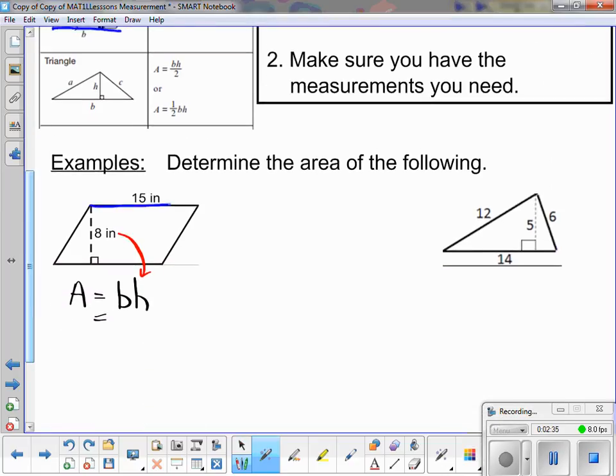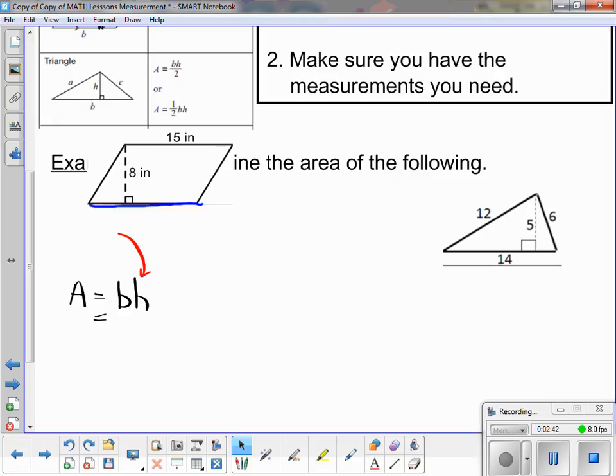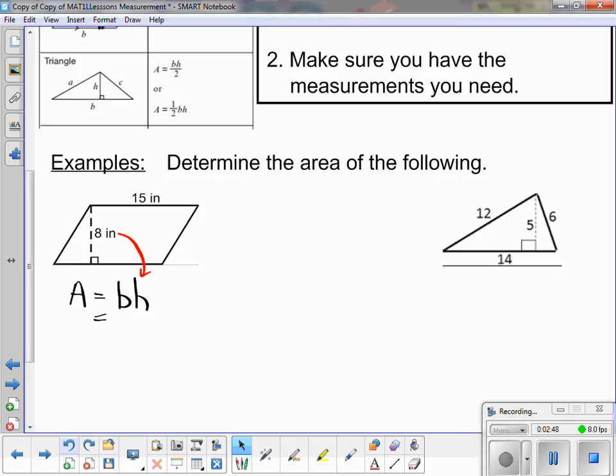Mine has it at the top. But guess what? That is the same as if I had done it on the bottom. You can see I just moved the whole shape so you can see that it did fit on top of it. So even though it's on the top, it's still the same length as the base I want.